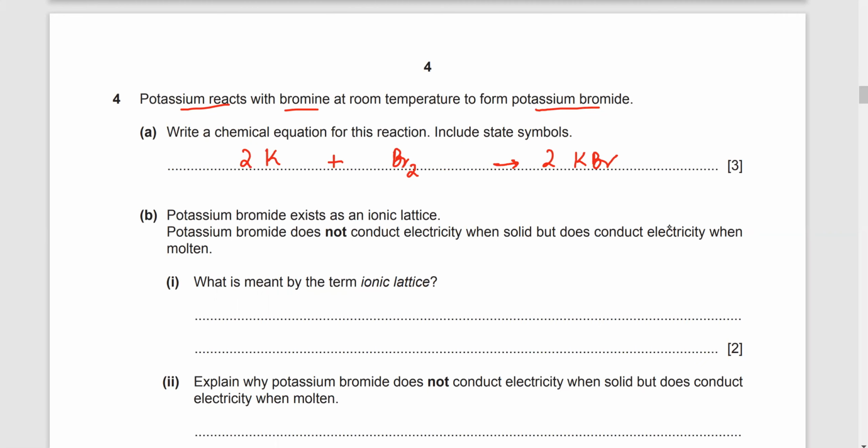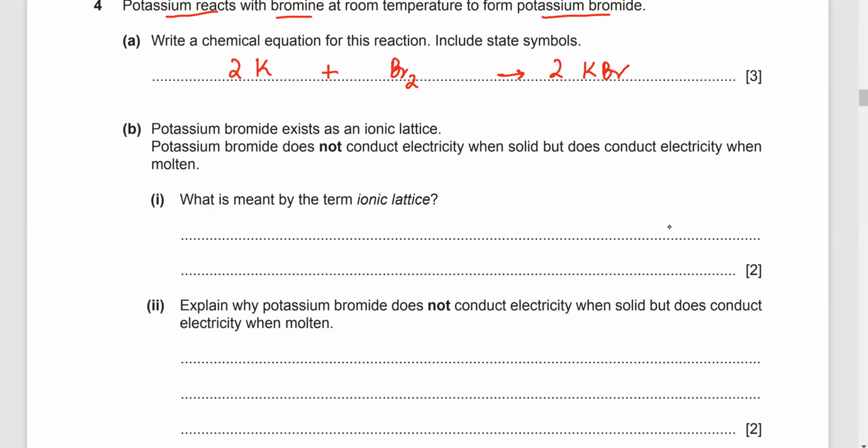So next one is potassium bromide exists as an ionic lattice. What is meant by the term ionic lattice? How do you describe an ionic lattice? Ionic lattice has positive and negative ions.